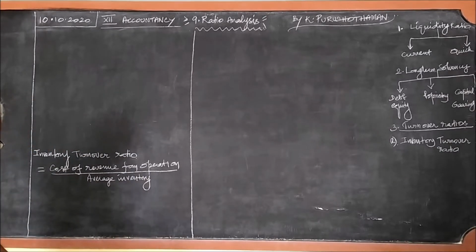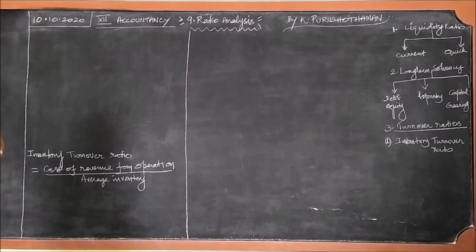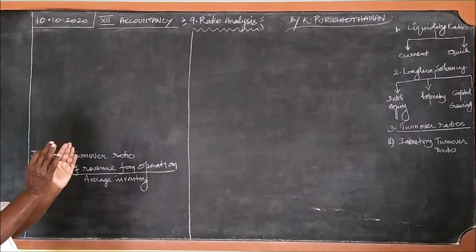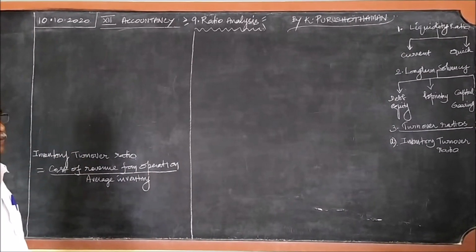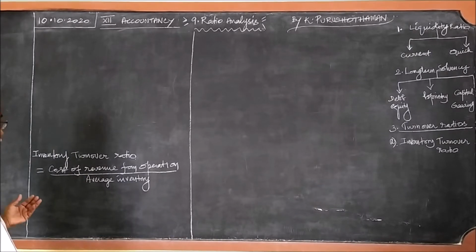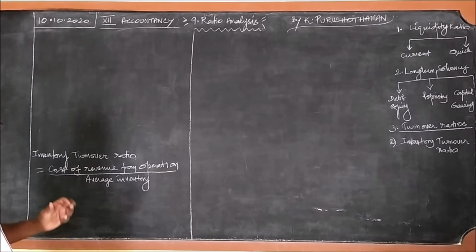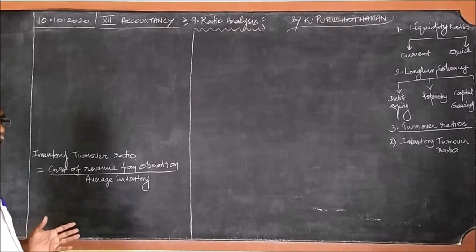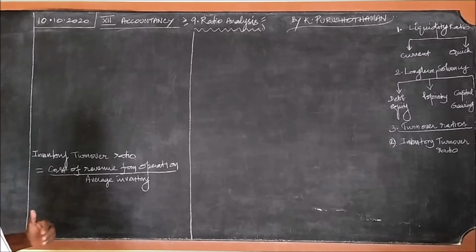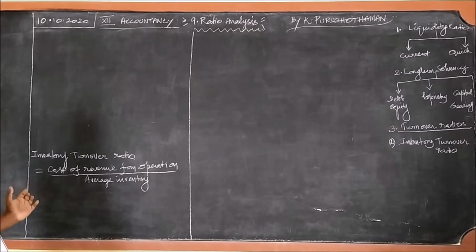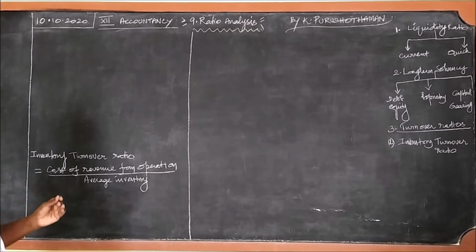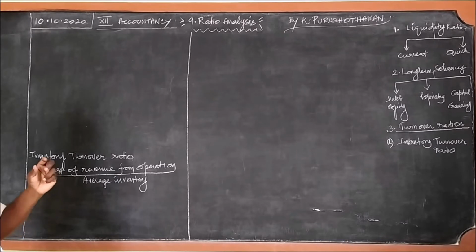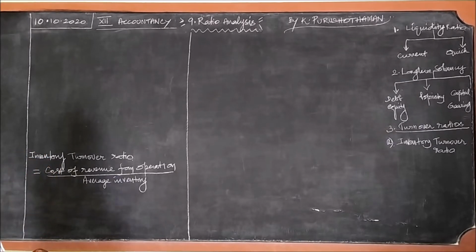Inventory turnover ratio. What do you mean by inventory? Inventory means stock. So what is the opening inventory? That is the stock in the beginning. What is the closing inventory? That is the stock at the end. For that we should find the average inventory, that is opening plus closing divided by 2.